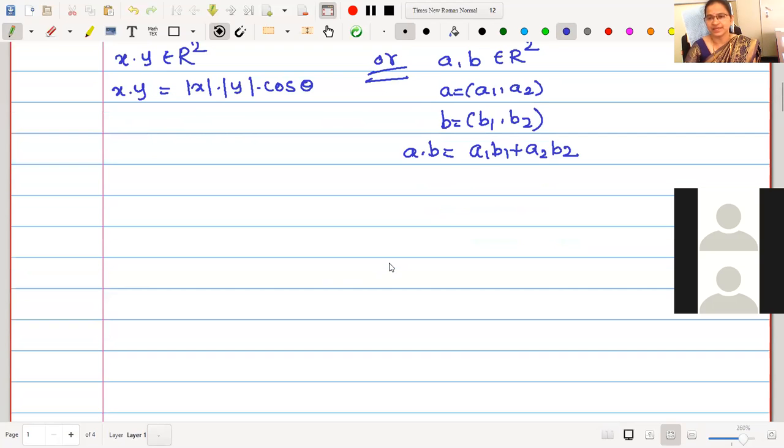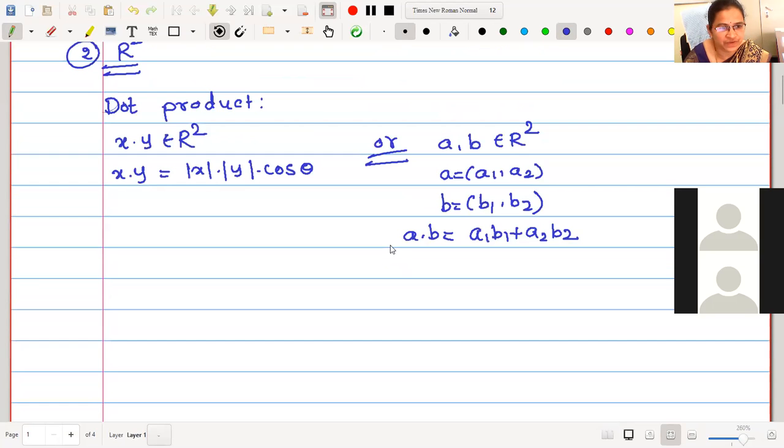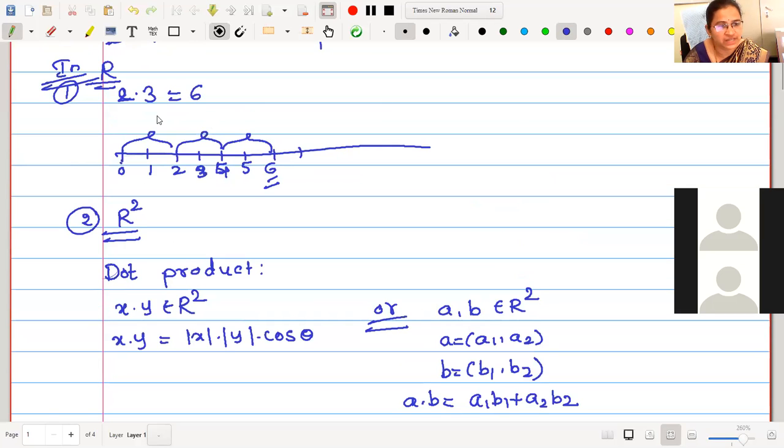Okay, let me explain. The first definition which we are going to take, x dot y in R2, is defined as mod x into mod y into cos theta, right? Now here, as we have studied, if the two numbers are on the same line, multiplication is easier. That is, 2 unit distance taken thrice or 3 unit distance taken twice.